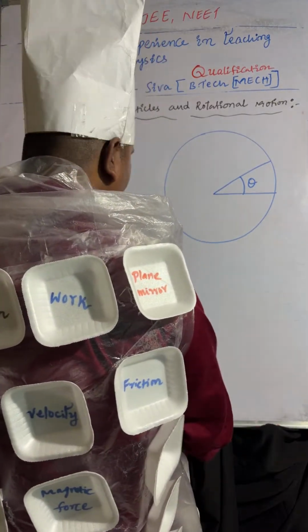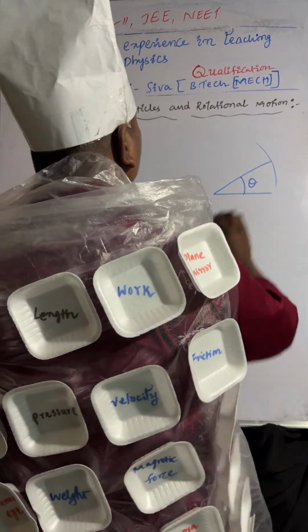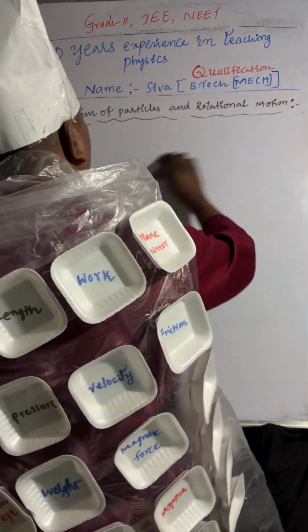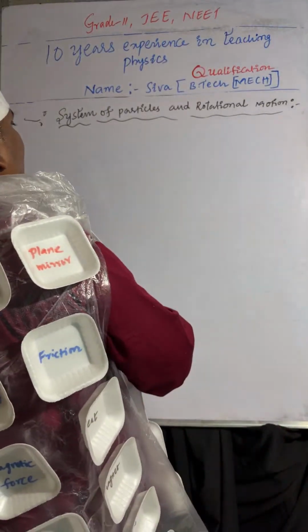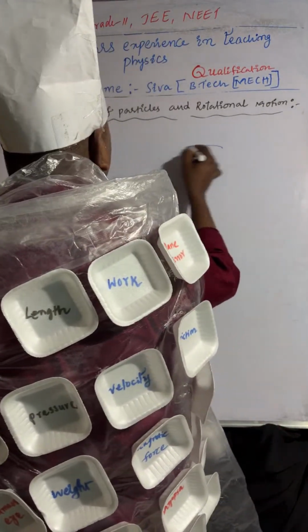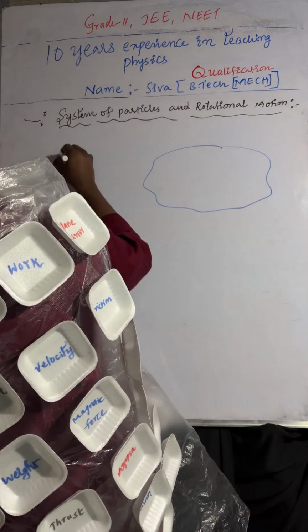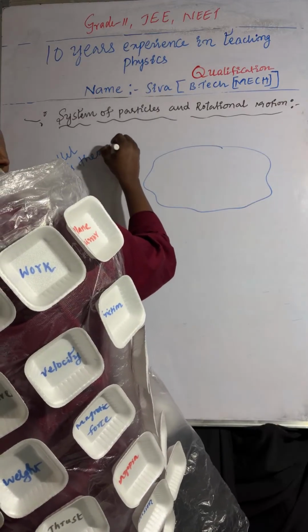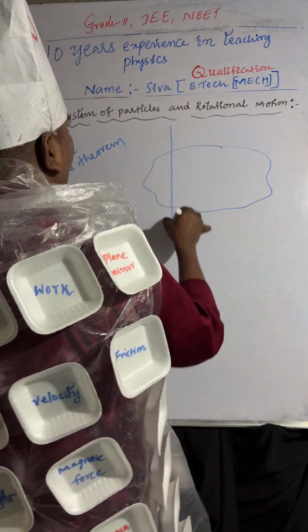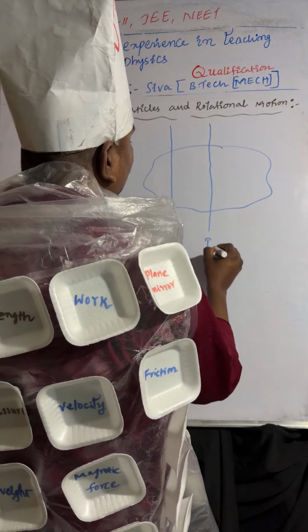For the parallel axis theorem, this is the mass of the object, and this is the moment of inertia at the center of mass.